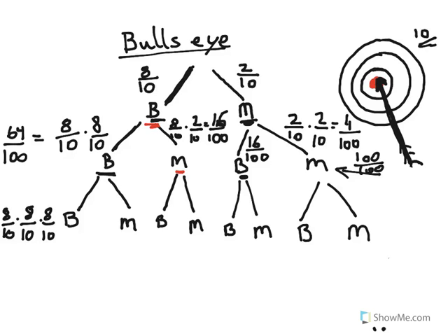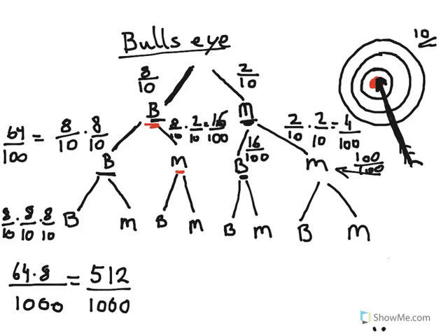So the chance of us getting 3 bullseyes in a row would be 64 times 8 out of 1,000. So the chance of us getting 3 bullseyes in a row is 512 1,000ths.